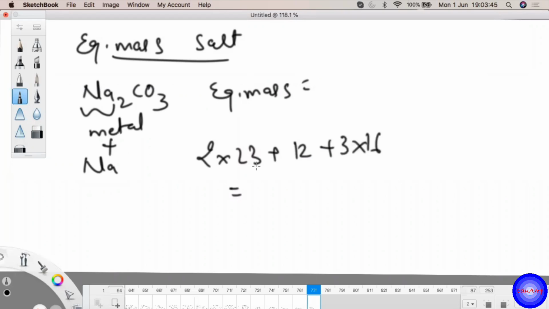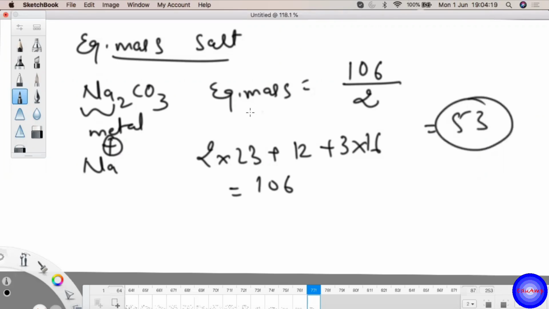Can somebody do the calculation for me? 106, I guess. So the molecular mass is 106. So 106 divided by the total charge on the metal. There are 2 sodium, therefore the total charge will be 2. So divided by 2, that will come to 53. So the equivalent mass of Na2CO3 is 53.